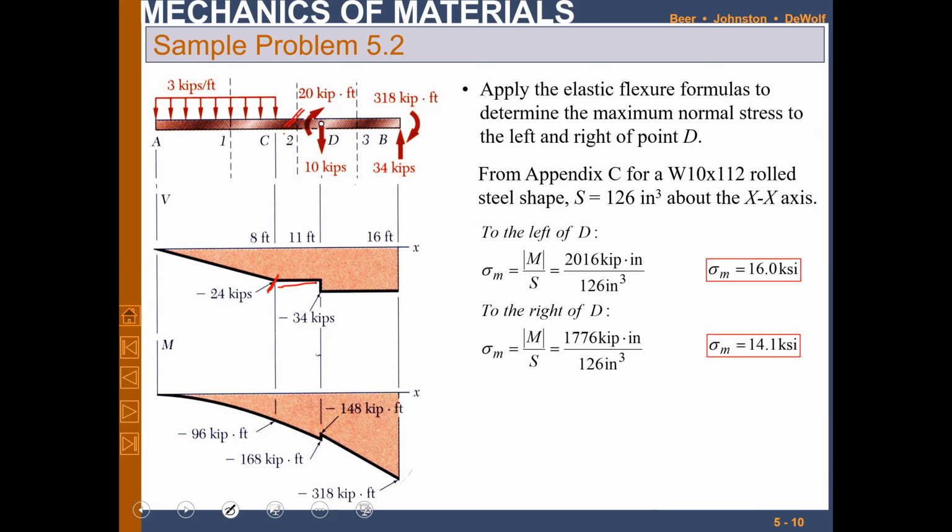And at this particular point, we are adding another 10, because it is downward, it was also downward. So we are adding 10, so it went up to minus 34. And for the rest of the section, it is the same, because there is no additional load in this part, right? Now we come to the moment.